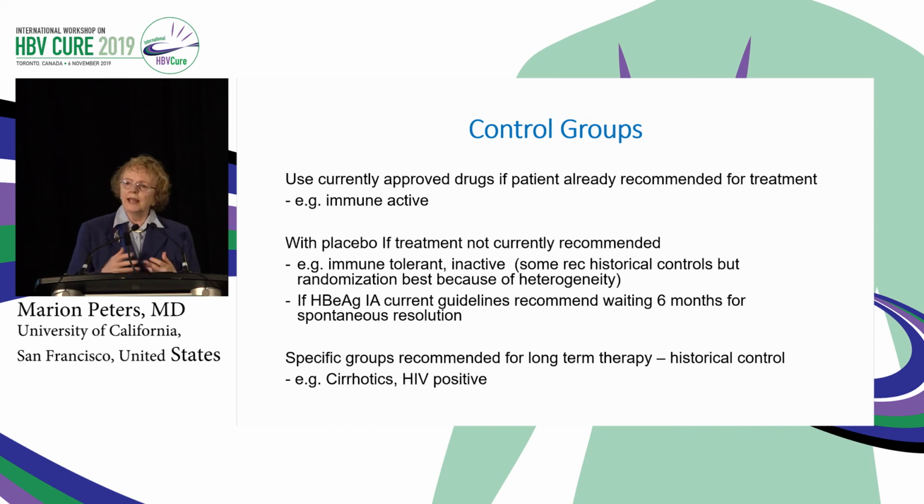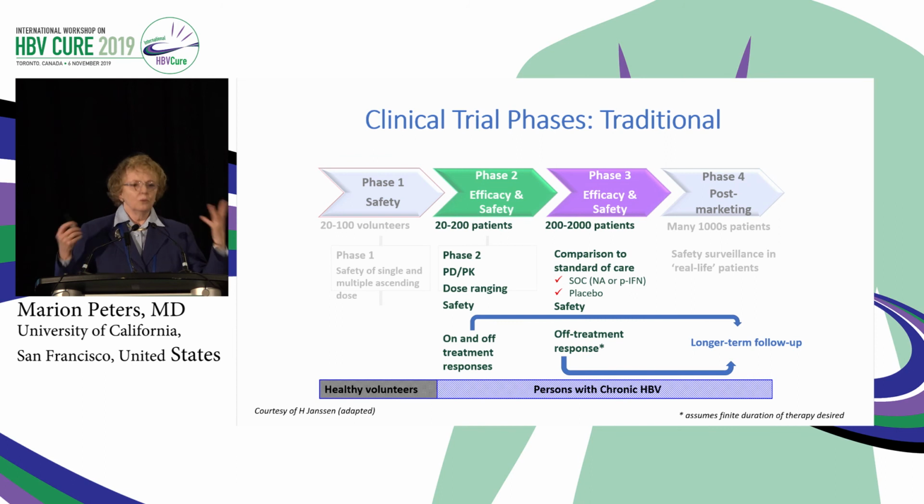And remember, for E antigen positive patients who are immune active, current guidelines recommend waiting 6 months for spontaneous resolution, and sometimes we forget that. And of course, those who have to stay on therapy, we have to use historical controls for them.